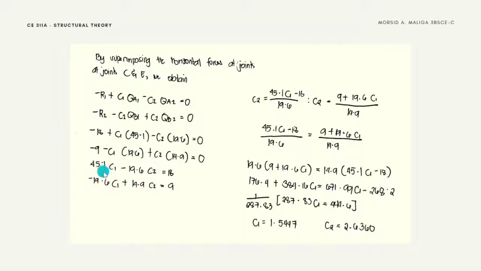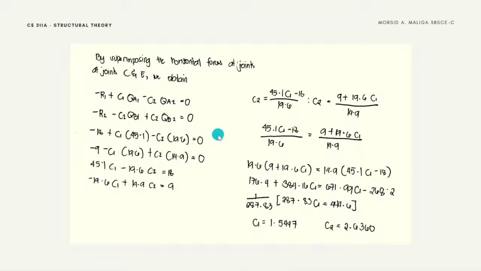So, we have 45.1 C sub 1 minus 19.6 C sub 2 is equal to 19. And we have negative 19.6 C sub 1 plus 14.9 C sub 2 is equal to 9.